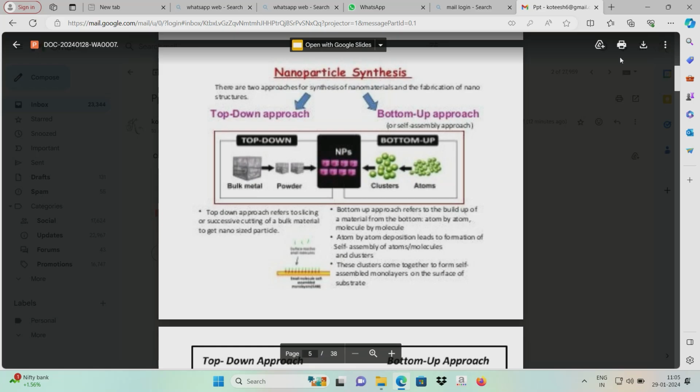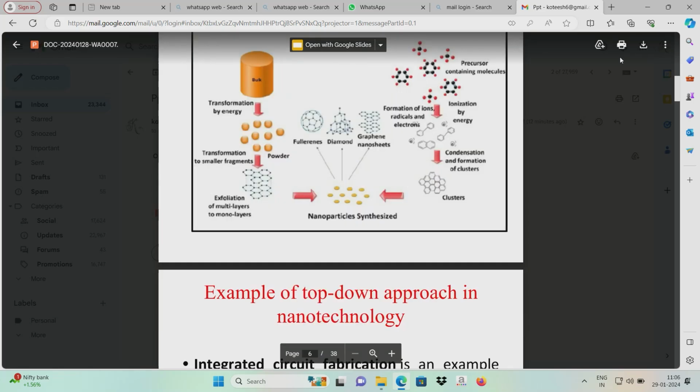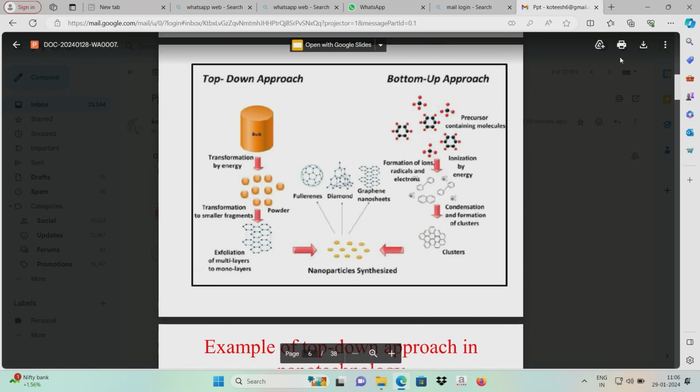In the case of the bottom-up approach, you take a powder-like material, and it is mixed with some water and made into the bulk material. This diagram explains how the bulk material is transformed into nanoparticle-size material.